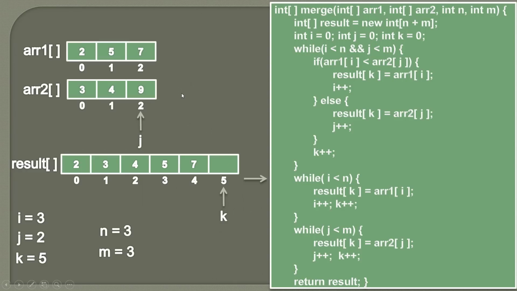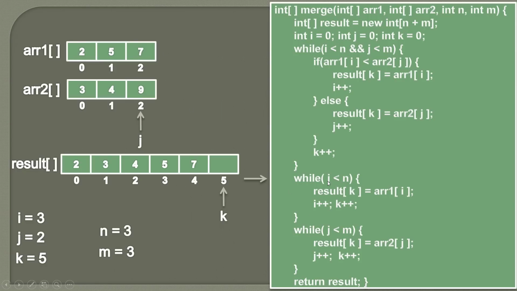Because both arrays are sorted, we are simply copying the leftover elements from the respective array into the result array. This while loop is for when array 2 gets exhausted, and this while loop is for when array 1 gets exhausted. Currently for this example you can see array 1 got exhausted.